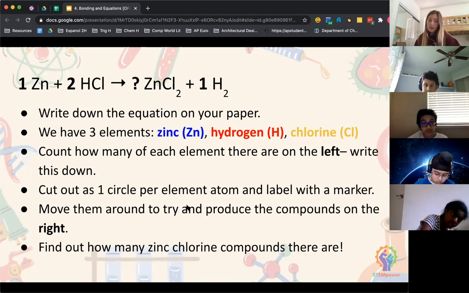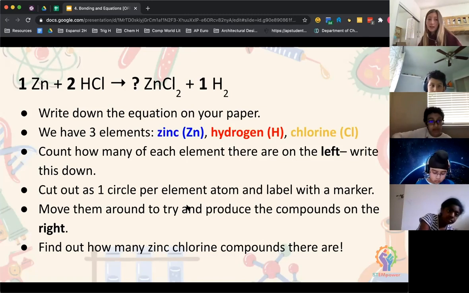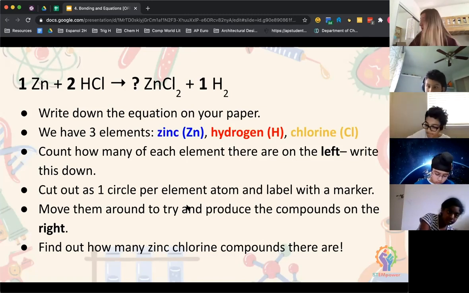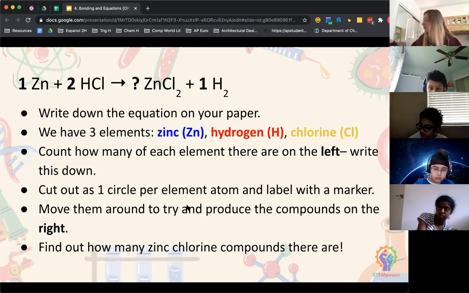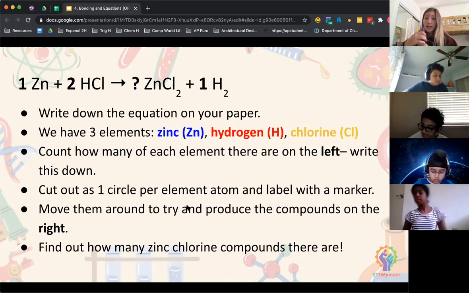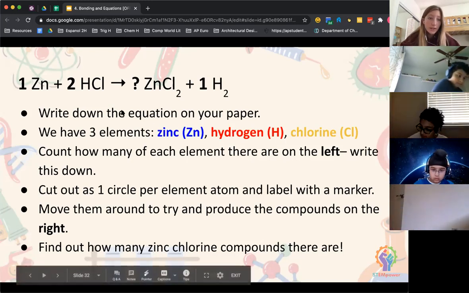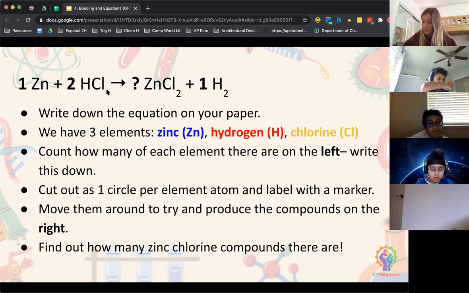All right, and once you have your equation written out on your paper, you're going to want to take 3 different colors. You can follow the ones on the screen, maybe blue, red, and yellow, but any 3 colors. Then we're going to count how many of each element there is on the left. For example, we can see that there's 1 zinc, 2 hydrogens, and 2 chlorines on the left side. So we're going to label that.